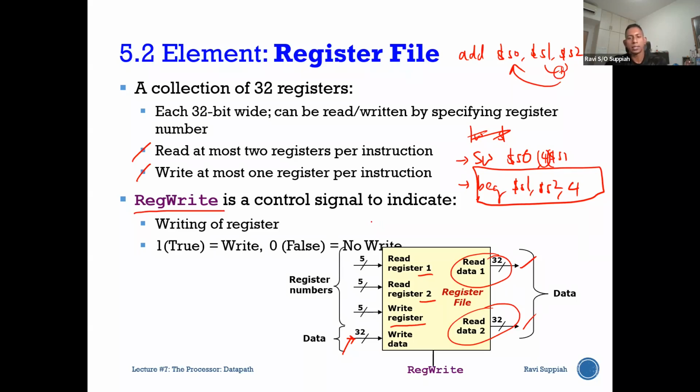This is a way of ensuring that you do not accidentally write to any register that you shouldn't be writing to, because you're executing some other instruction. So register write is basically a control signal that decides when you are allowed to write to a register and when you're not.